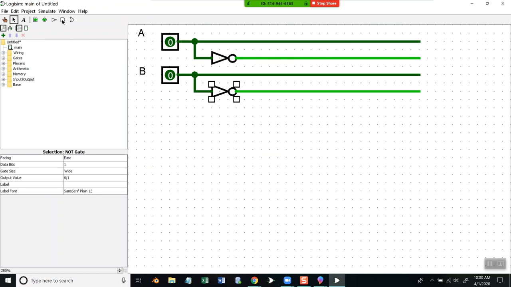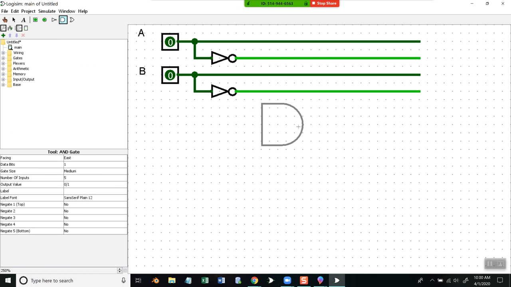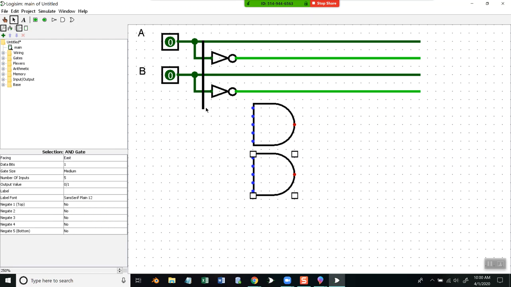I need two products there: A, B, and I need A prime and I need B prime.